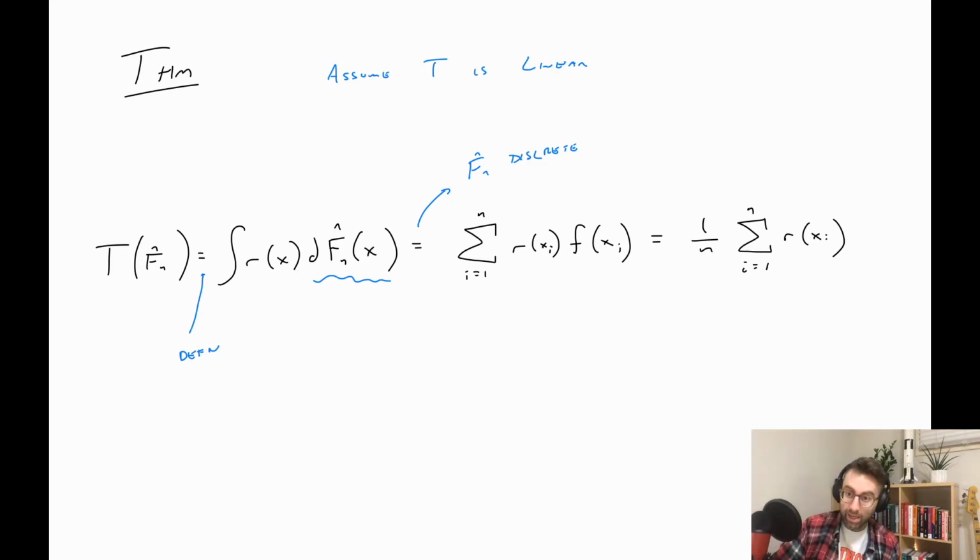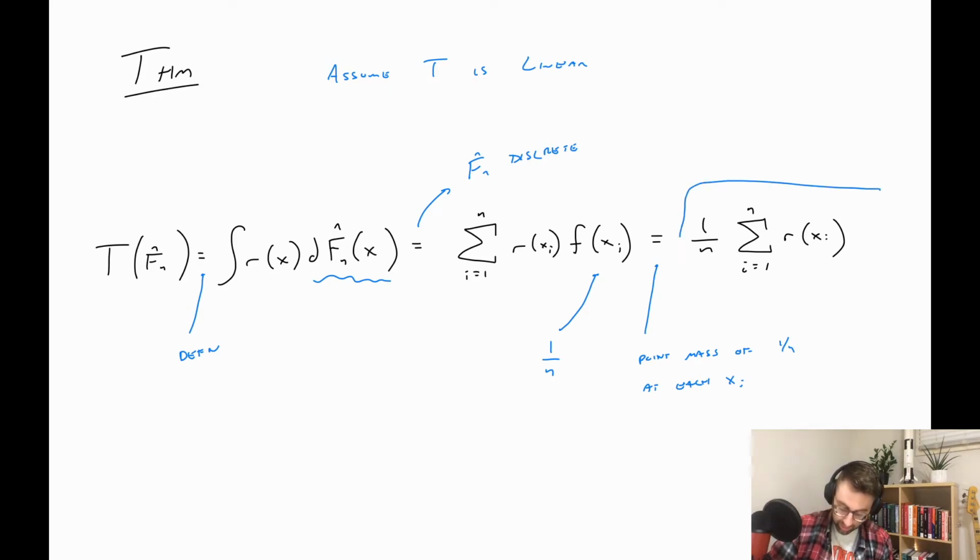But in the case of f hat n, this is just 1 over n for each, because we have a point mass of 1 over n at each xi. So now we get this nice expression: it's literally just the average of the r of xi's. So that's pretty nice.